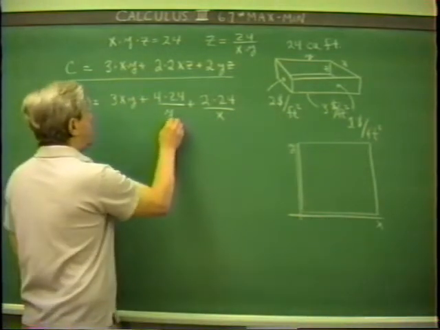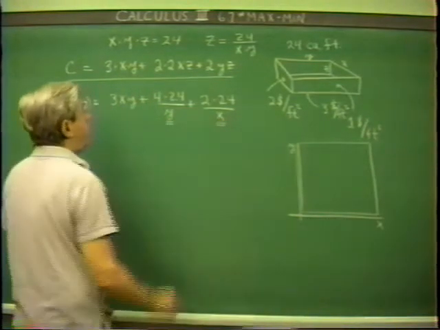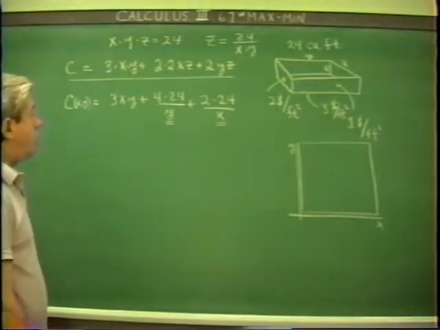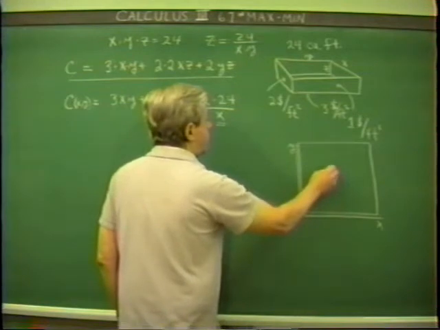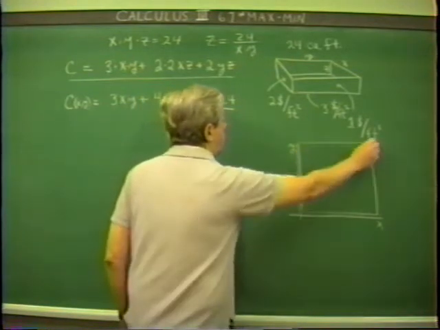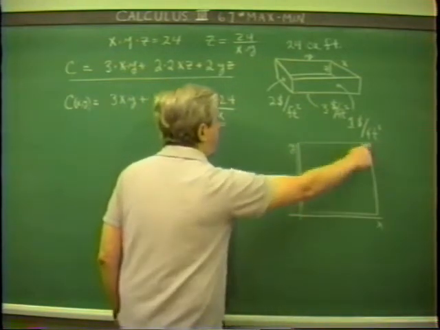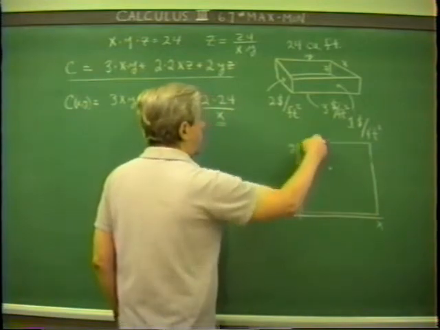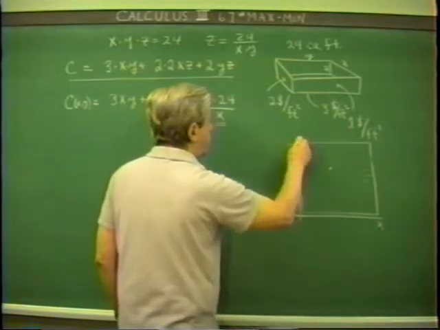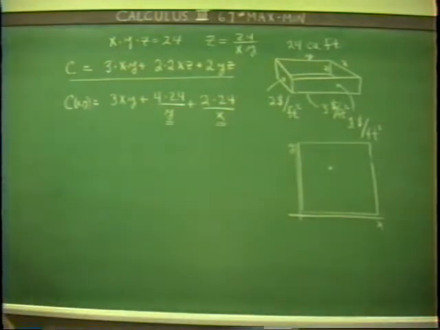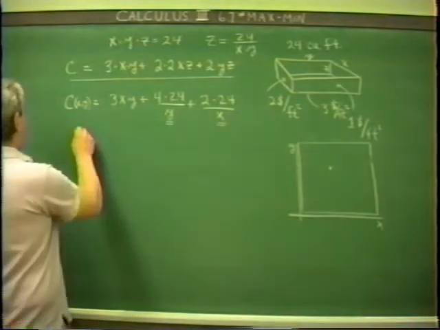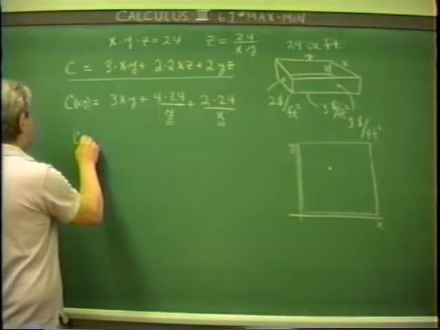On the other hand, if either x or y are small, because there's a y in the denominator here and an x in the denominator here, the cost is going to get large. So somewhere in a rectangle here, with large x and y values excluded, and with really small ones excluded, the minimum is going to occur.